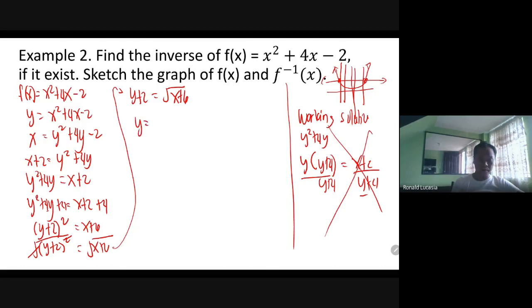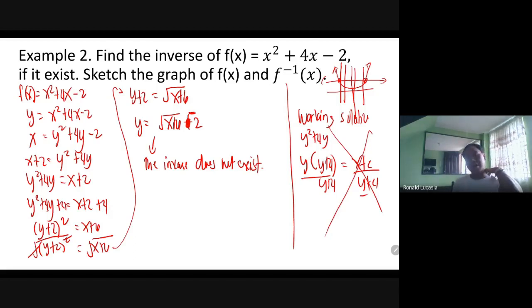Solving for y, we have the square root of x plus 6 plus 2, which means that the inverse does not exist. Why? Why is it still x plus 2? It should be x minus 2.